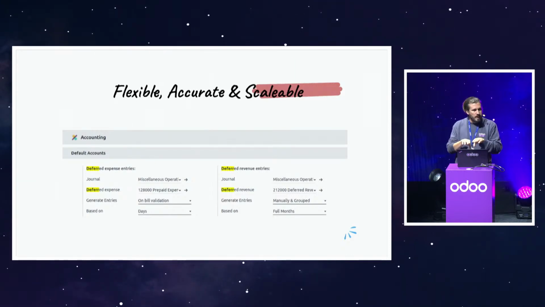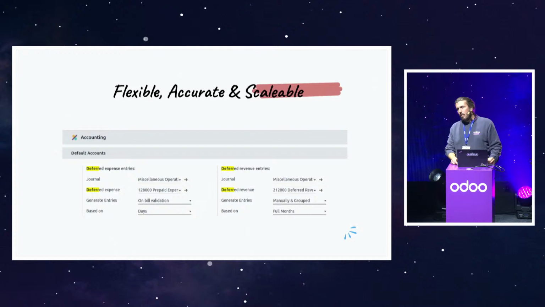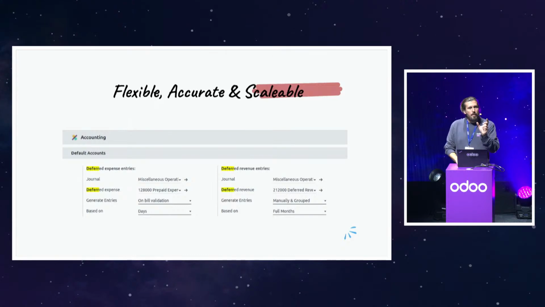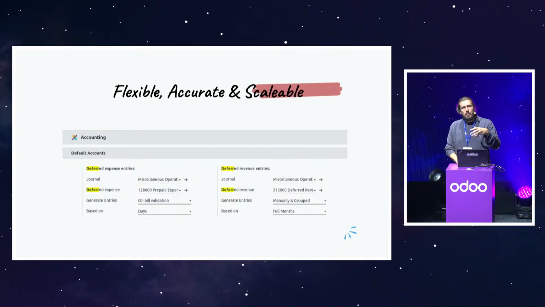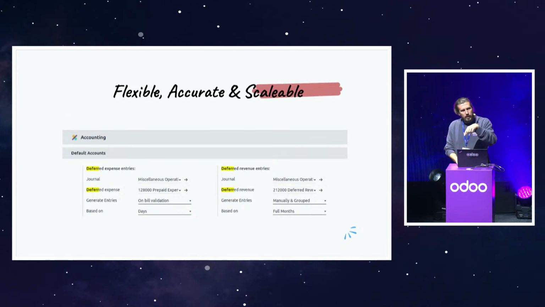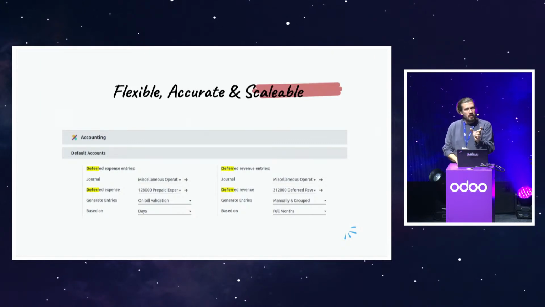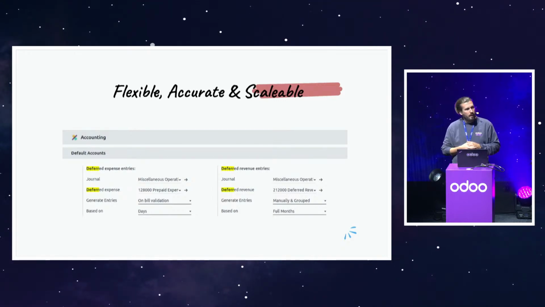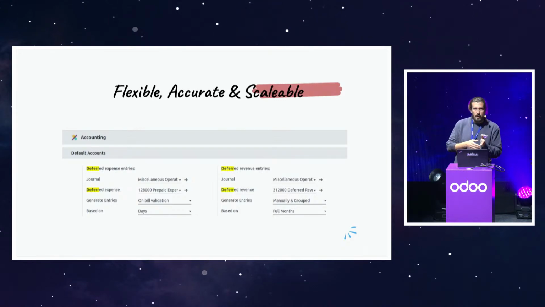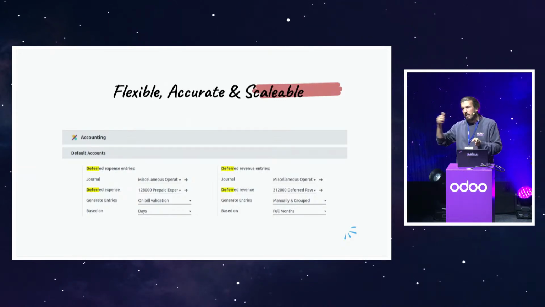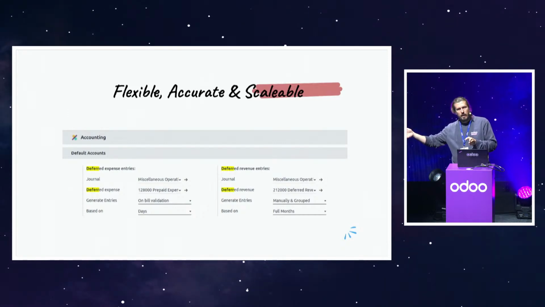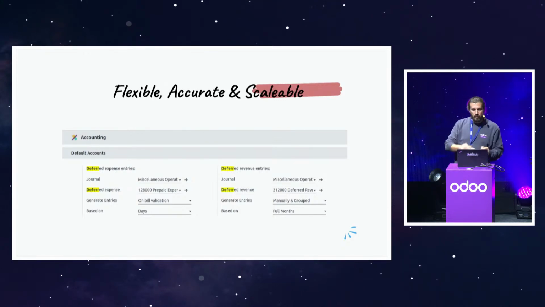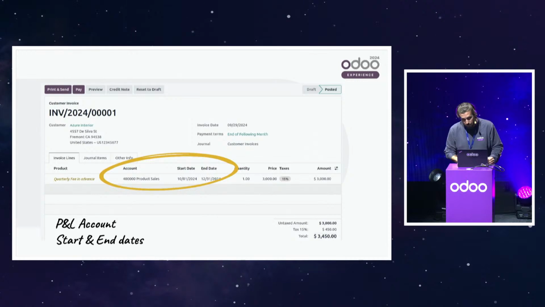January and February are the same. And the final mode that I want to highlight as well is the full months. What does full months mean? Each time a month is started, each time a subscription, a rent, something that you have to defer starts, the month that it starts will count for a full month. And of course, if you have something like, for example, a rent that starts from January 15th, 2025 until January 14th, 2026, the last month of January 2026 will be neglected because we consider a full month in January 2025.